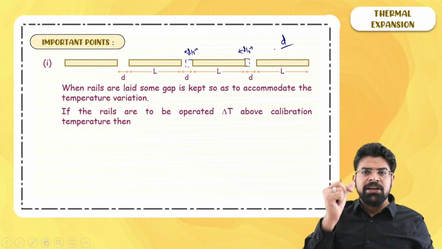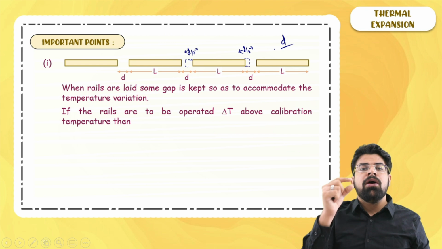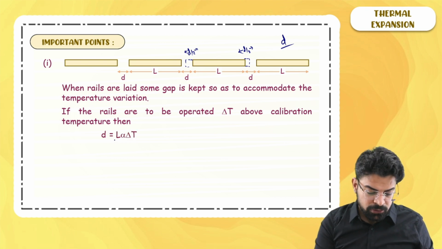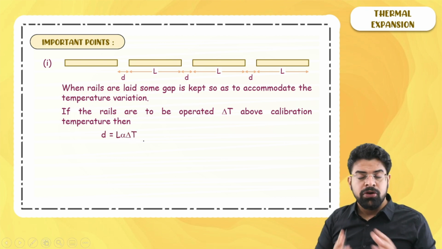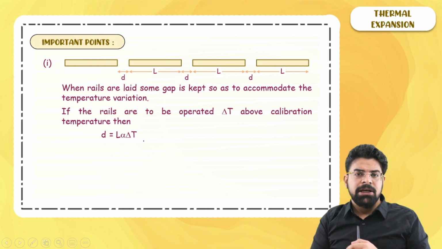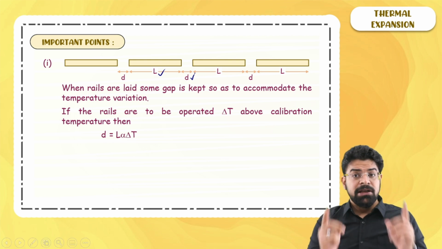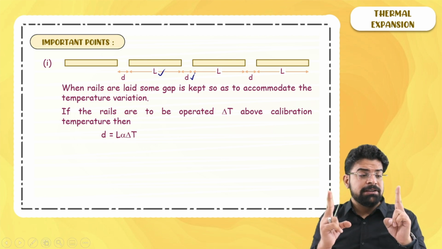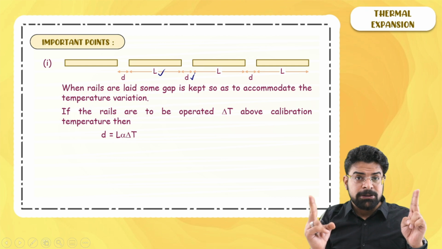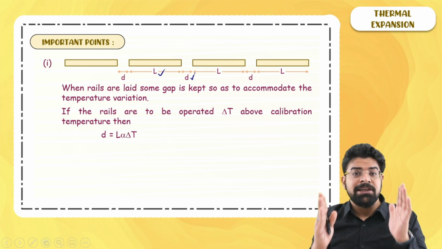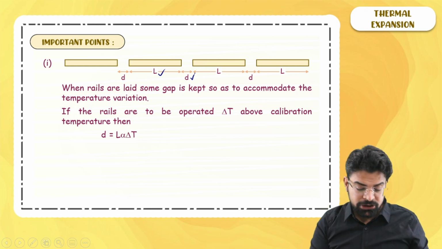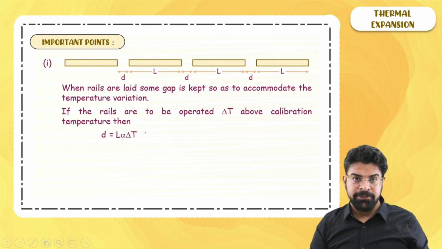And this change in length of D on a hot sunny day has to be equal to L alpha delta T. So remember, if each rail has length L and the gap between two consecutive rails is D, then each rail gets a distance D by 2 on both sides to expand. So the maximum length increase in each rail will be D, and D has to be equal to L alpha delta T.